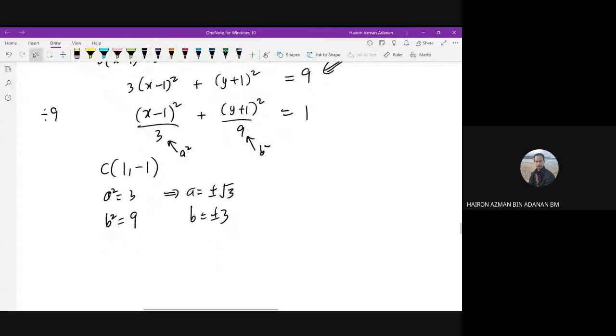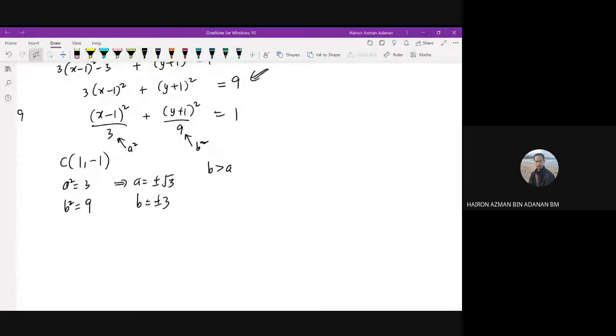Okay, which one is bigger, a or b? So now b is more than a. If b is more than a, b is under y, right? b is under y, so it means the major axis is parallel to y. Okay, this is your major axis. This is your minor axis.